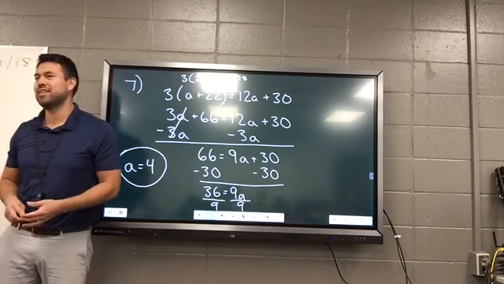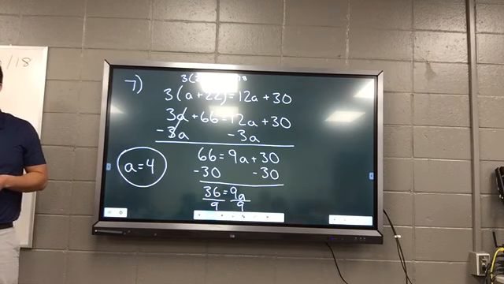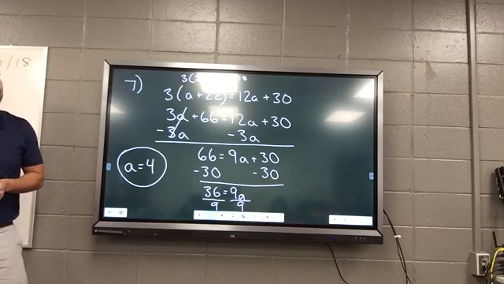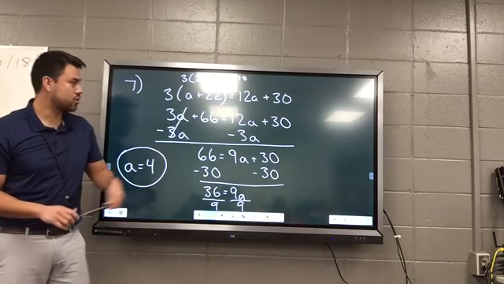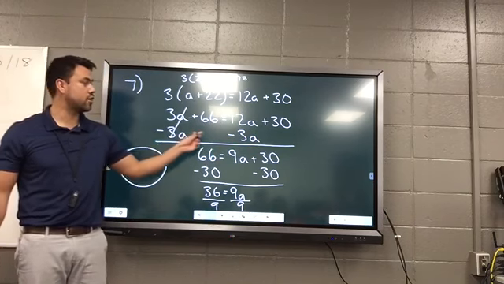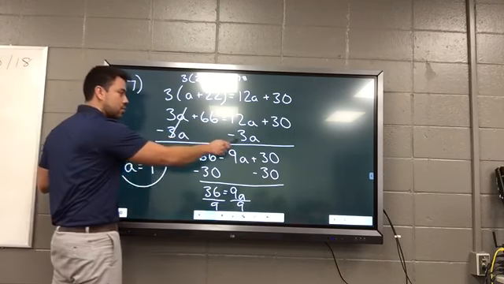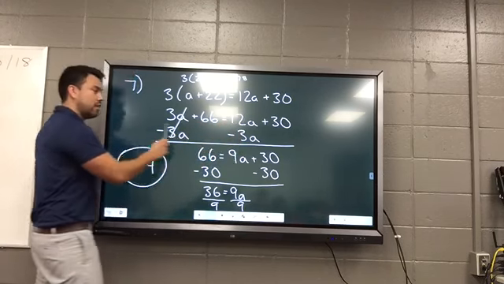Okay, when you subtract 3A from each side, instead of doing that, could you subtract 30? You could, because you're subtracting 30 from both sides. But eventually you're going to have to get the variable to one side or the other. So you eventually have to subtract 3A from both sides or subtract 12A from both sides.